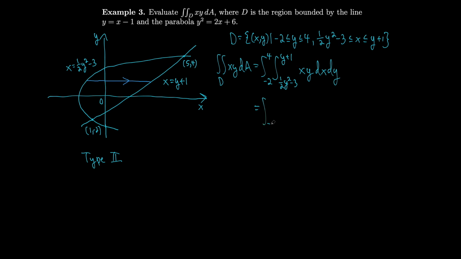So we get the integral from minus 2 to 4 of x squared over 2 times y.